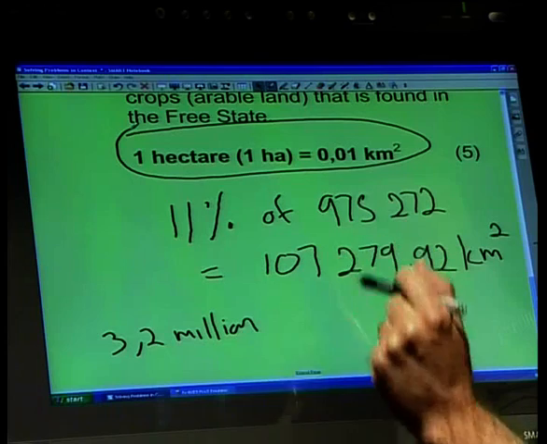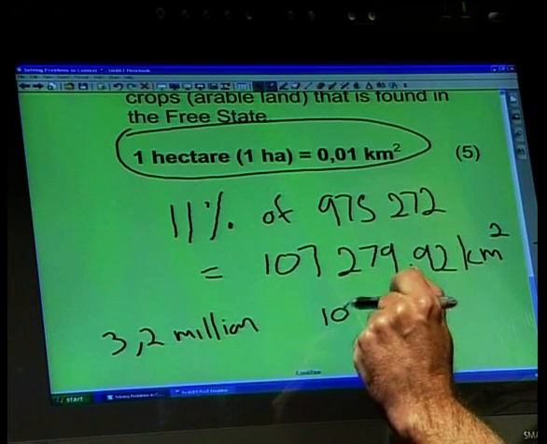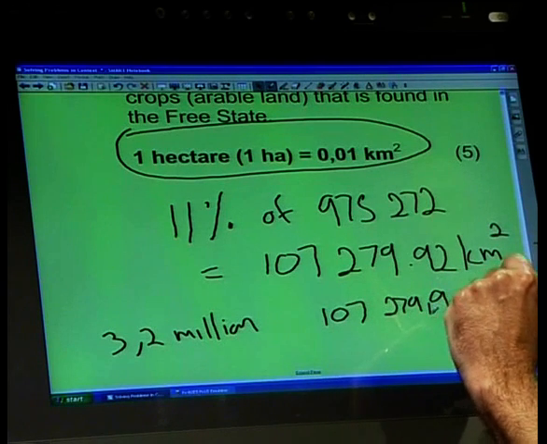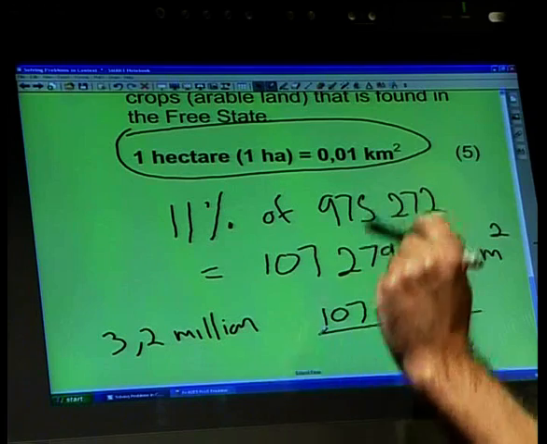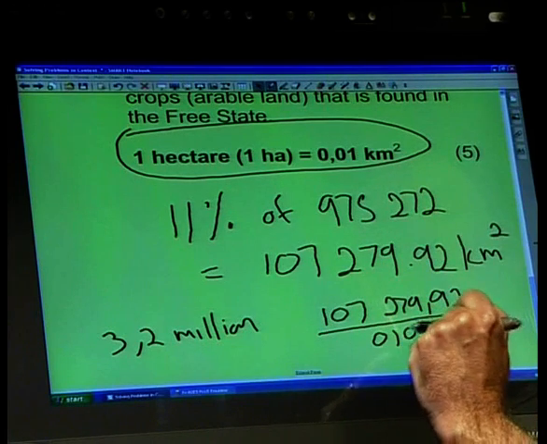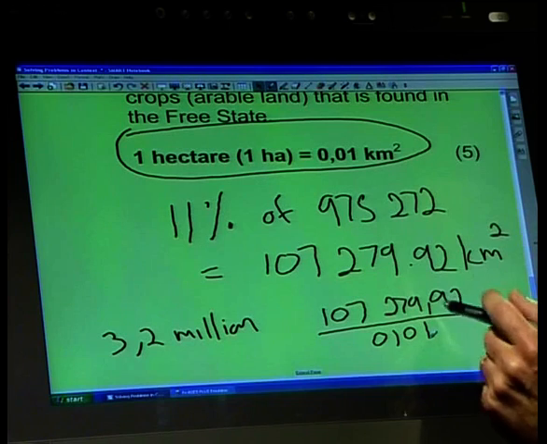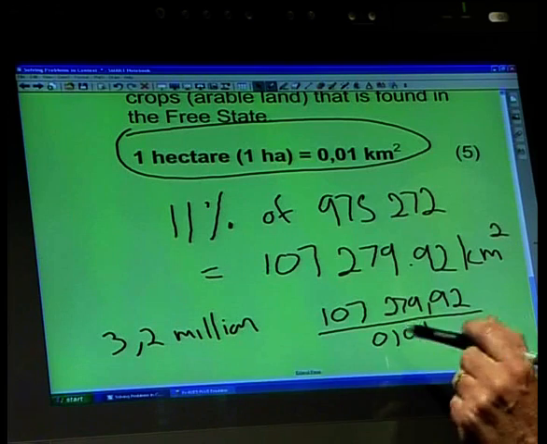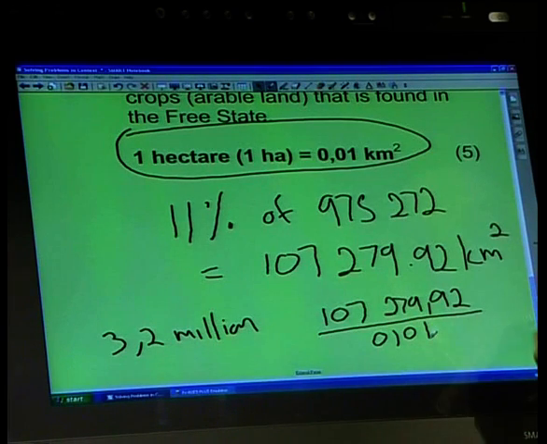So we're going to take this, 107,279.92, and we'll divide it by the 0.01. Well, that's easy enough to do because all we're really doing is moving our decimal places 2 units.